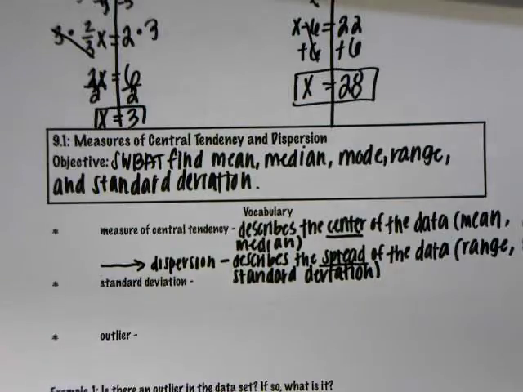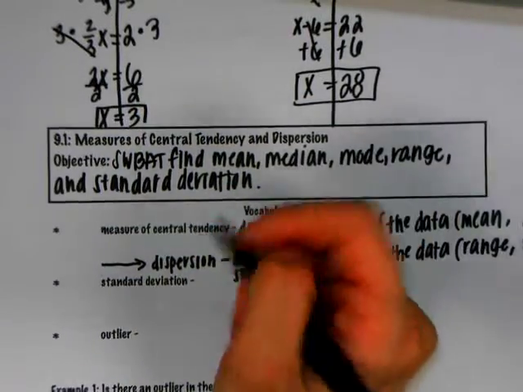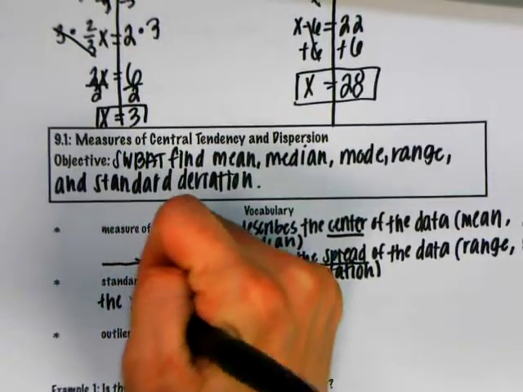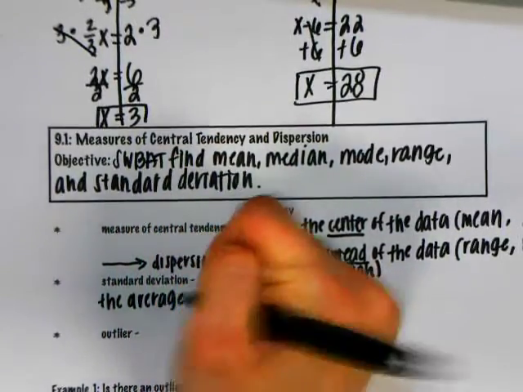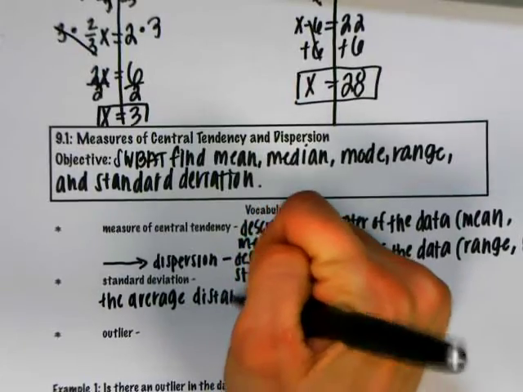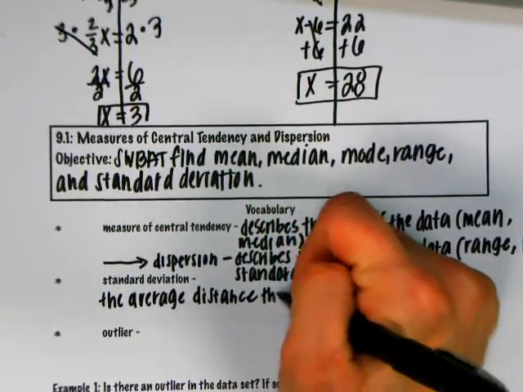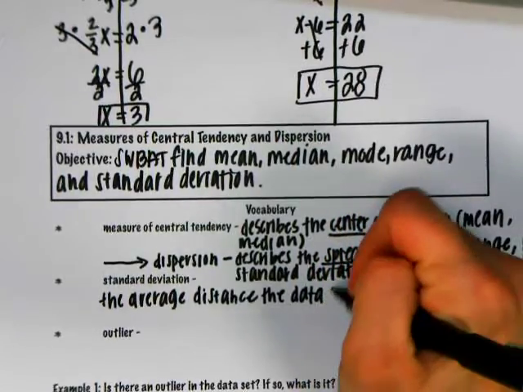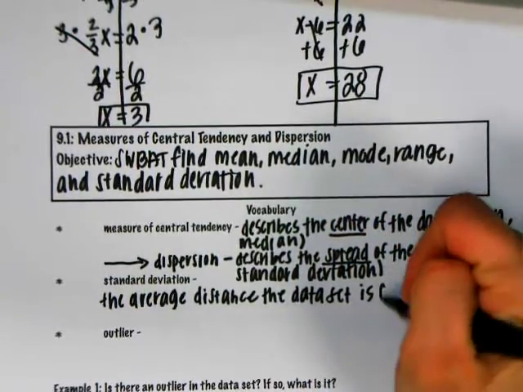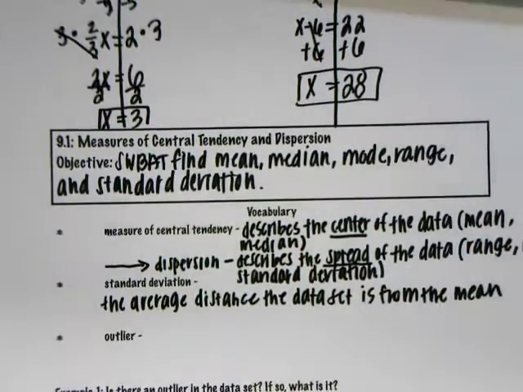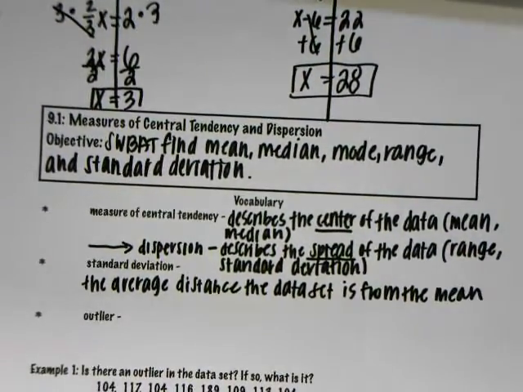And then standard deviation, which we're going to define right here, is the average distance the data set is from the mean. So if the mean is in the center, your standard deviation is trying to figure out on average how far away from the center your data is, so how spread out it is.